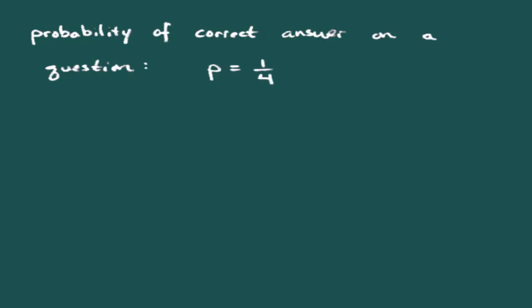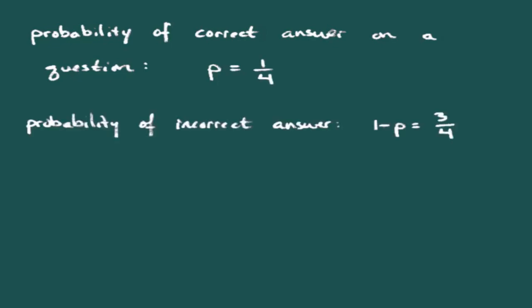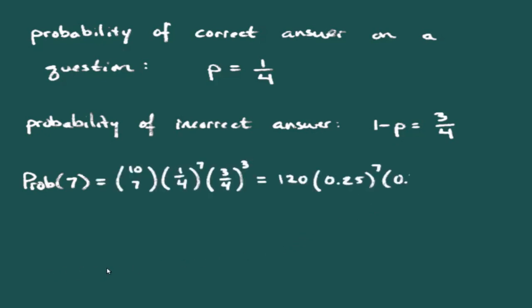The flip side of that, the probability of an incorrect answer is going to be 1 minus p, so 1 minus 1/4, or 3/4. Now, the probability of getting 7 questions correct, we just plug 7 into our probability formula. So we've got 10 choose 7 times 1/4 to the 7th power times 3/4 to the 3rd power. 10 choose 7 is going to give us 120.